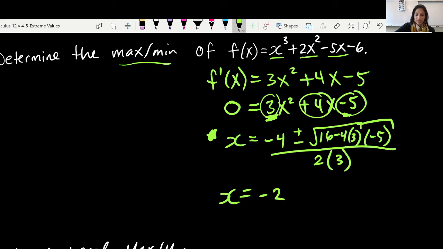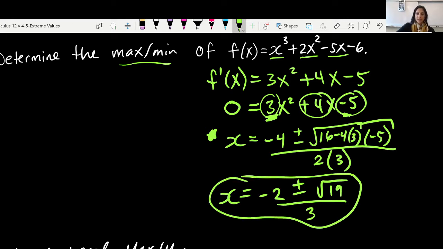We'd have negative 2, after I clean everything up and simplify it, plus or minus root 19, all over 3, because I'm canceling things out and simplifying top to bottom there. So this is telling us where our critical values are.